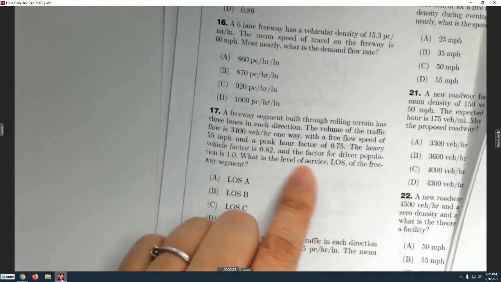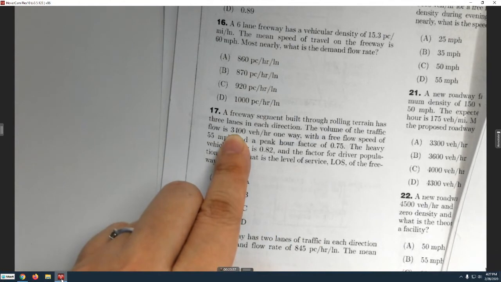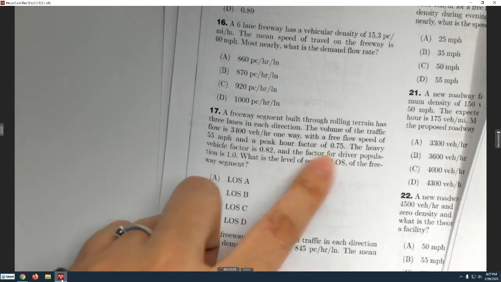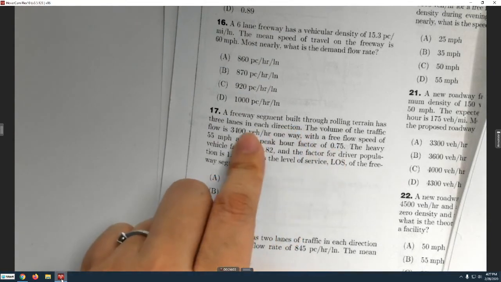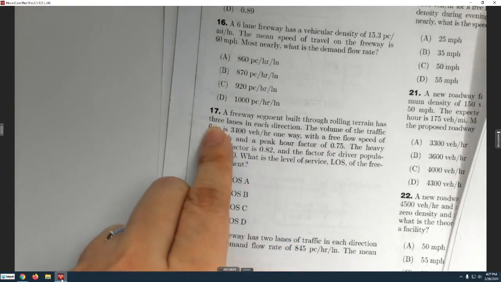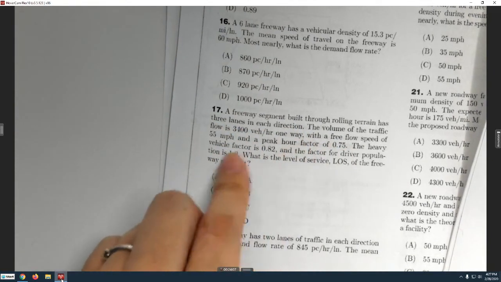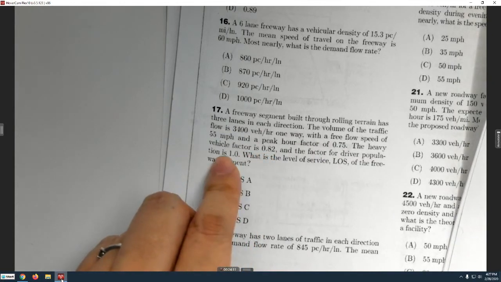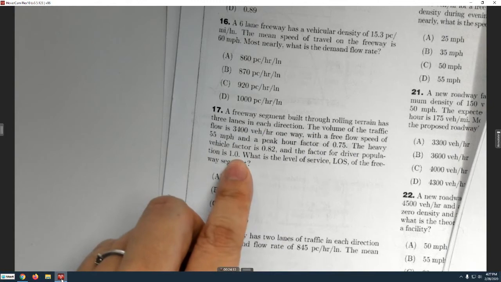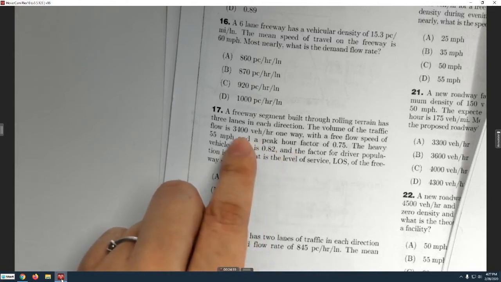In this case, it will be 3,400 divided by peak hour factor 0.75, divided by number of lanes, in this case 3, divided by heavy vehicle adjustment factor 0.82, divided by the population adjustment factor 1. So you first get VP is about 1,800.